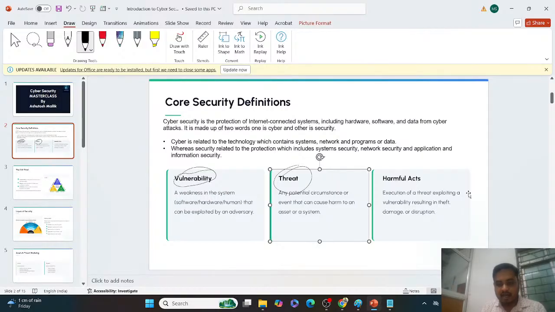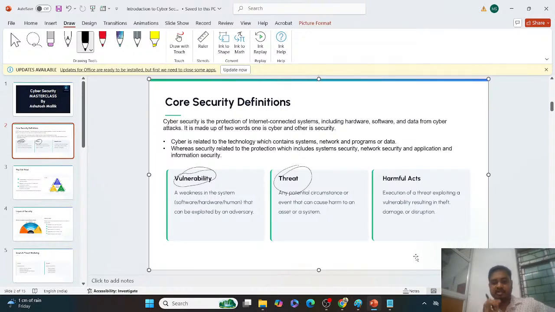Another one, harmful acts. Harmful acts is the execution of a threat, exploiting a vulnerability, resulting in theft, damage, or disruption. Just a few seconds ago I gave the example of a threat, where somebody gave the threat.